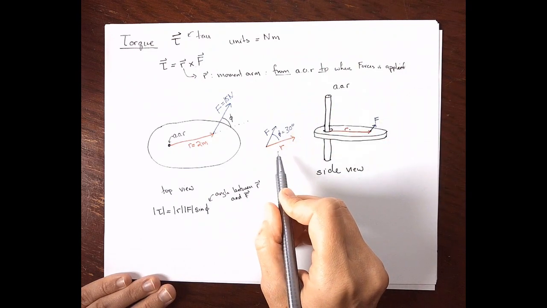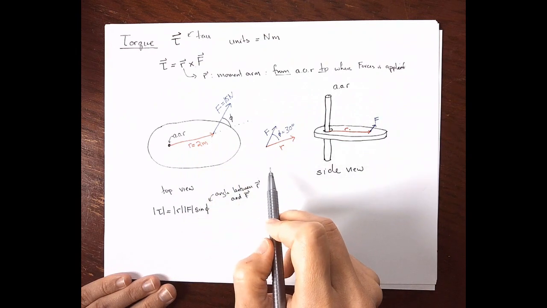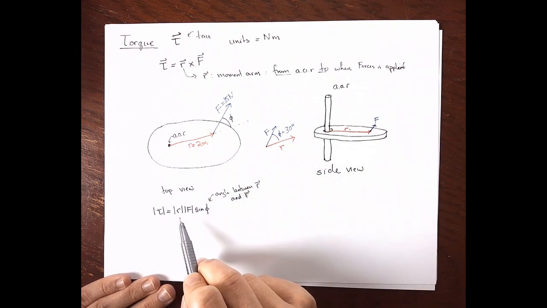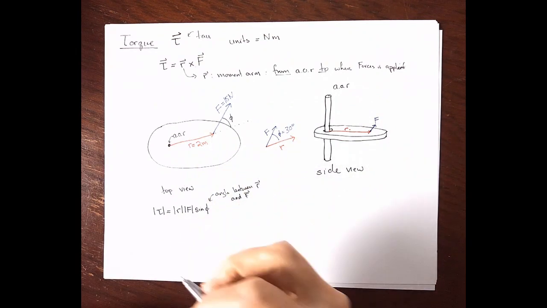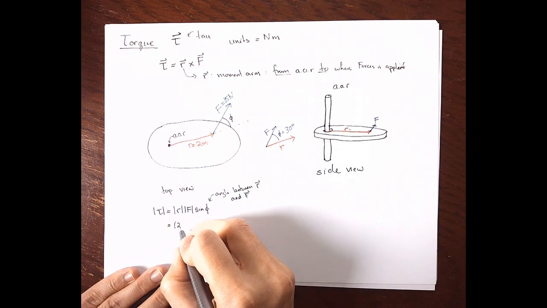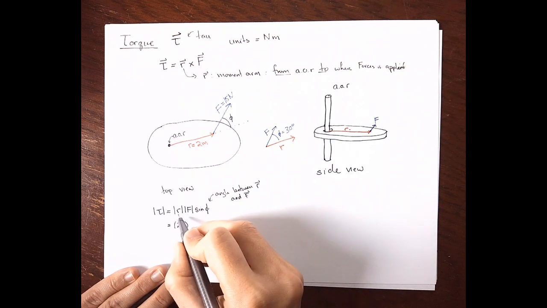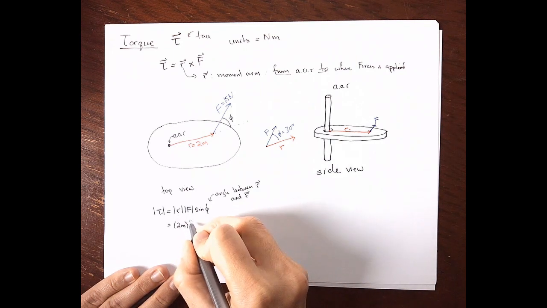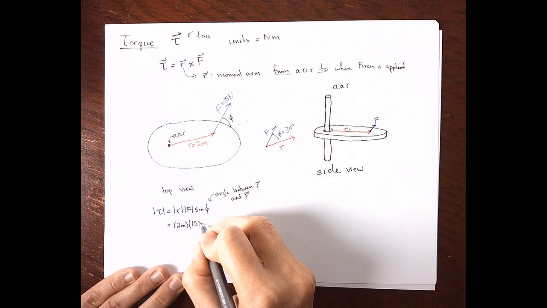Okay, so now we've got all the ingredients that we need to find the magnitude of the torque here. It's going to be the magnitude of the moment arm, which is kind of like the radius. That's where those ghost radian units are coming in here, but it's 2 meters. That's how we actually write it. The force, it's 15 newtons.